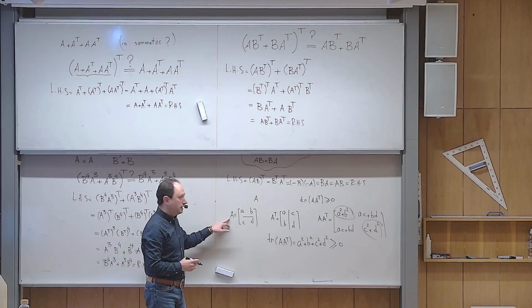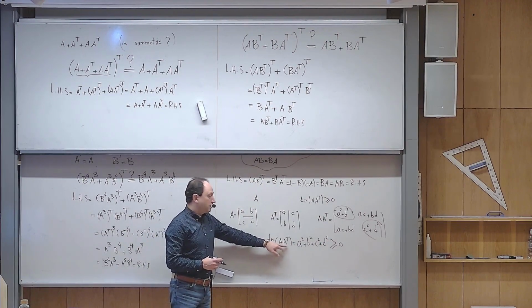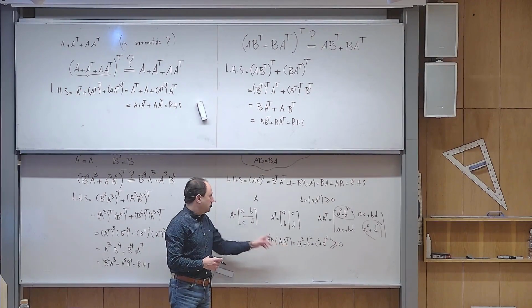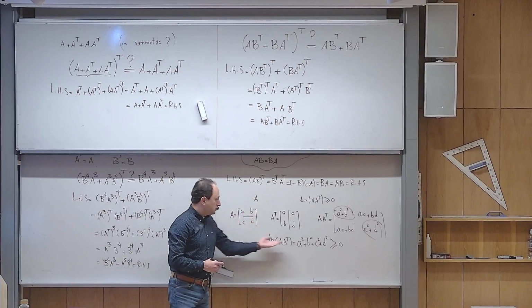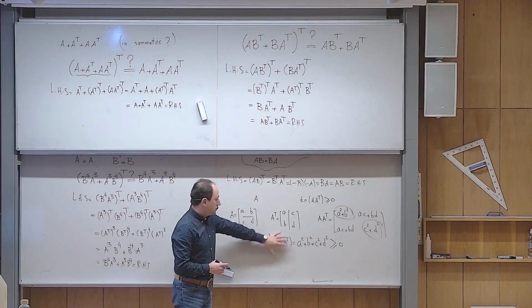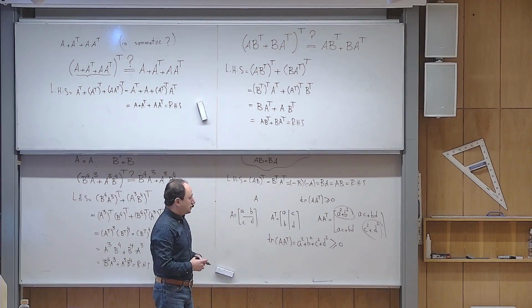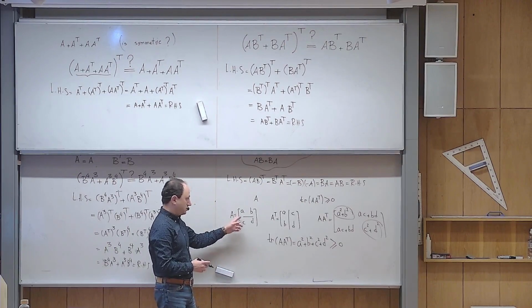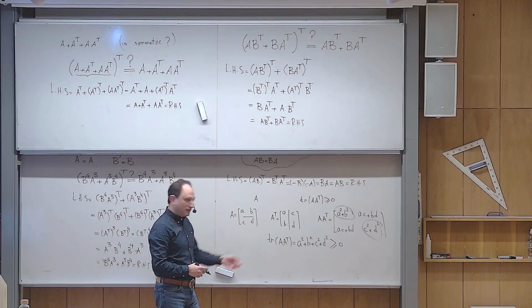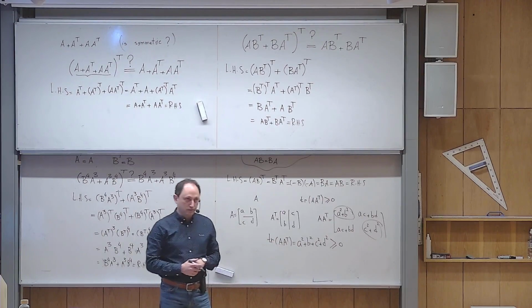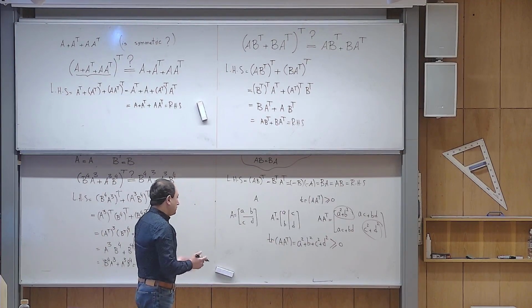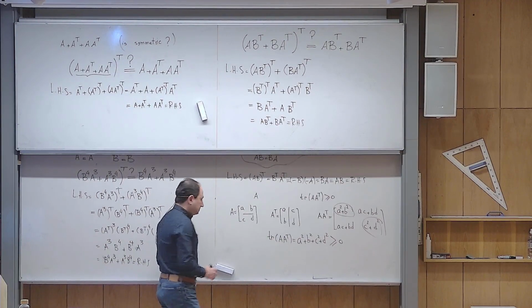If you start with A and calculate the trace of this combination, you are adding all the squares of the entries: A squared, B squared, C squared, D squared as a sum. You might not have been able to guess this, but if you want to do something with matrices to generate the sum of the squares of all entries, this is the operation that you need to do, okay?